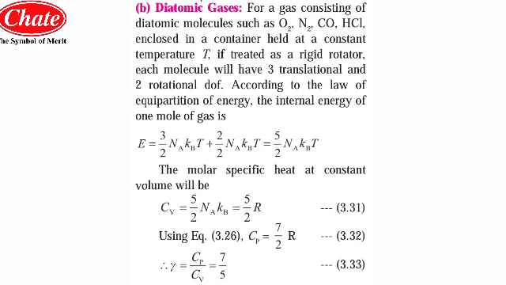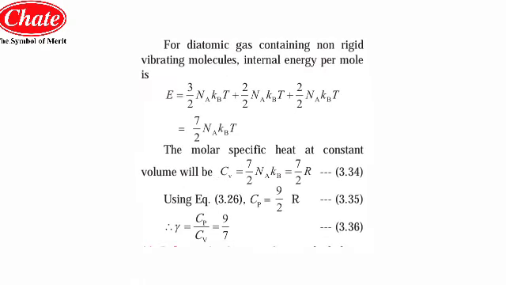Now according to the law of equipartition of energy, the total internal energy is given as E is equal to 3 by 2 Na into kB into T plus 2 by 2 Na into kB into T is equal to 5 by 2 Na into kB into T. The molar specific heat at constant volume will be Cv is equal to 5 by 2 Na into kB, which is equal to 5 by 2 R, and from this equation the Cp will be 7 by 2 R, so gamma is equal to Cp by Cv is equal to 7 by 5.